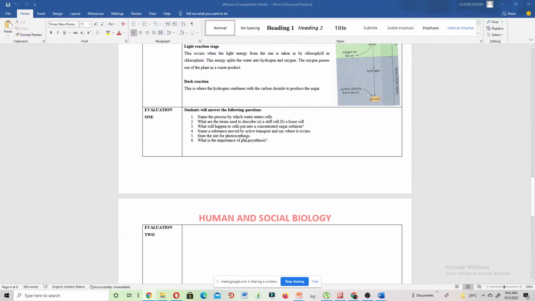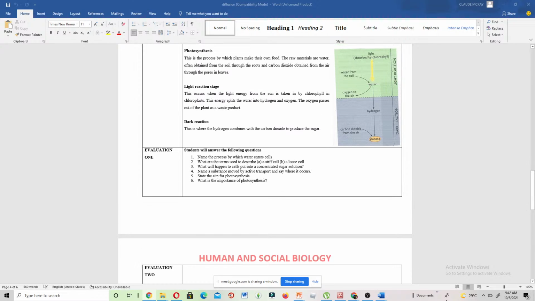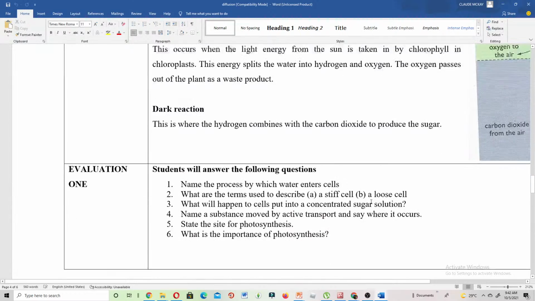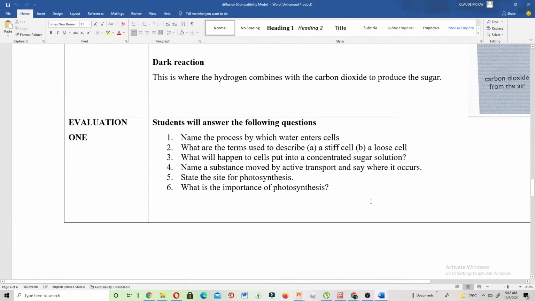Alright, students, the first three questions, take them down. The first one: name the process by which water enters cells.